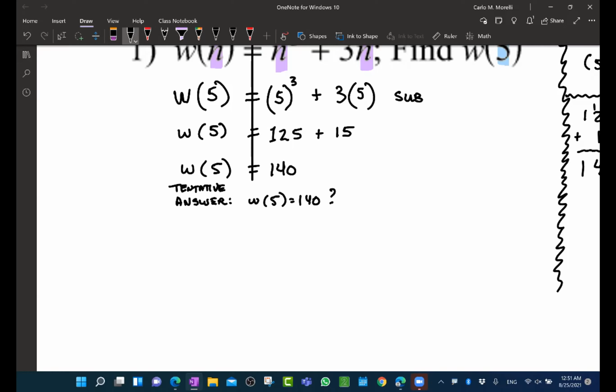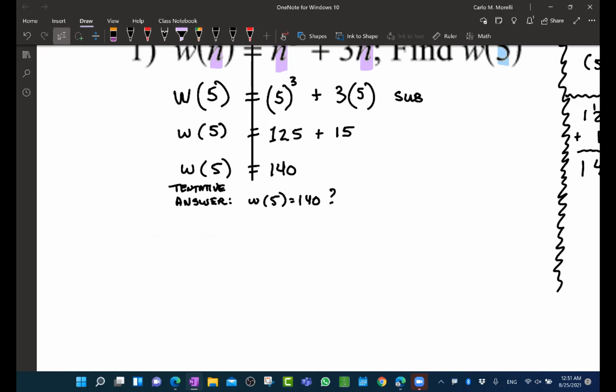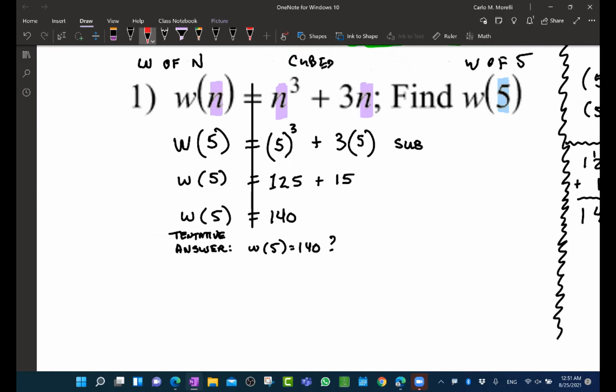And this is where we need to understand some terminology. Back up here, this 5 right here is the input value. Okay. If you're thinking about a coordinate plane, that's the x value.